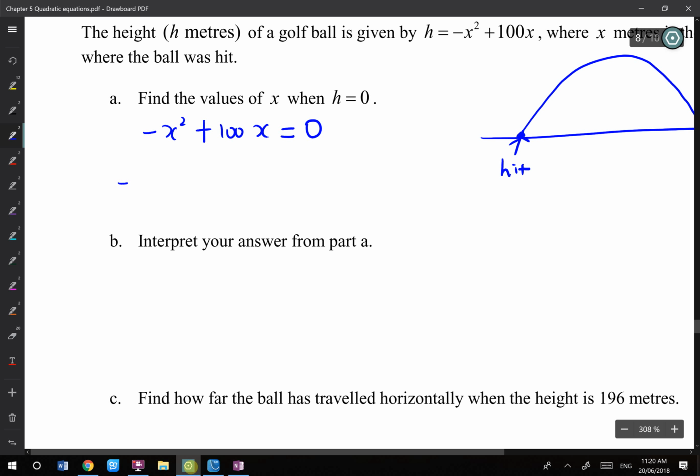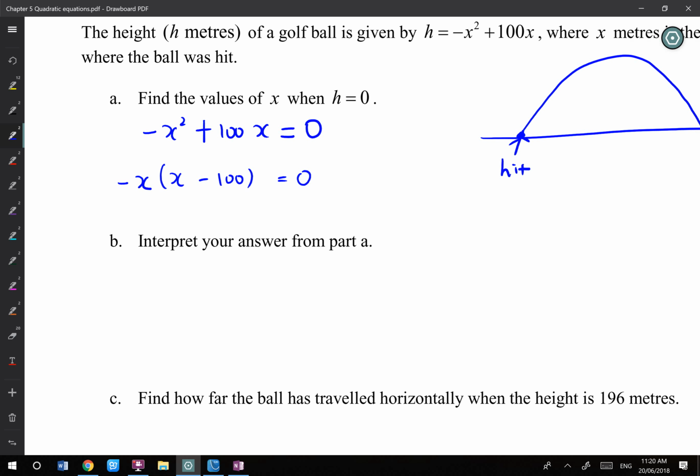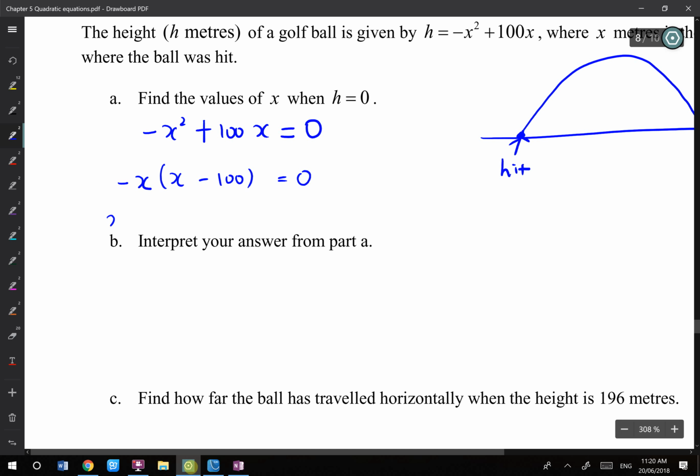So we take minus x as a common factor, and then we have x minus 100. And then we can see x equals 0 is one solution, or x equals 100 is another solution.